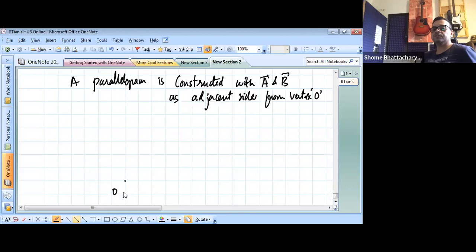From this vertex, we will construct both the vectors which were given to us above. So vector A will be here, and vector B, instead of drawing it there, we will construct from the common origin. So vector B will be here.